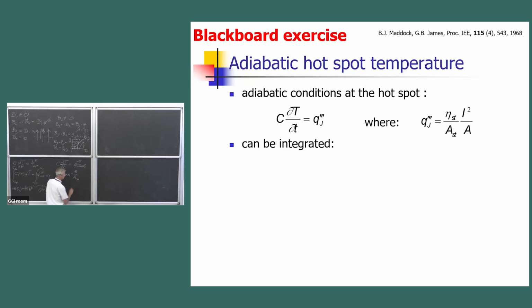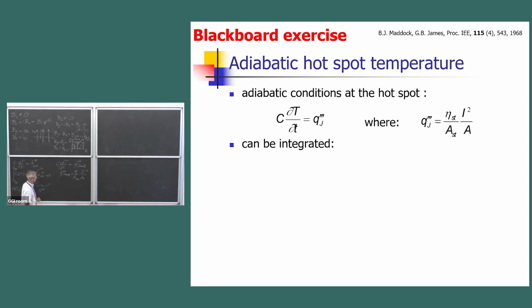I call it stabilizer because that's the low resistivity material that is in parallel, the shunt we were talking about, times this current square. So this is the resistance per unit length times the current square, which is the power per unit length. And then I divide it by the cross section of the cable. Okay, so that's a per unit volume Joule heat.